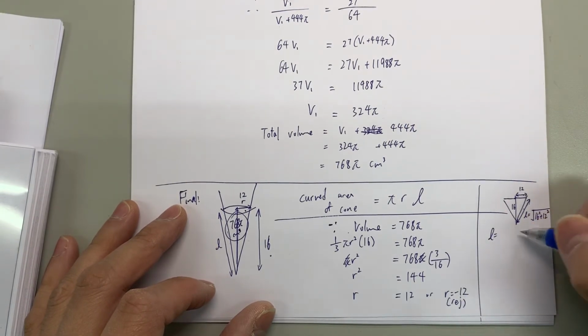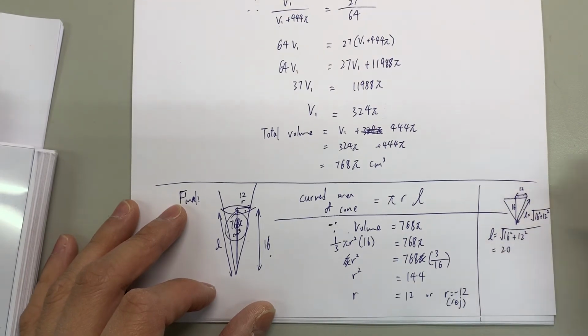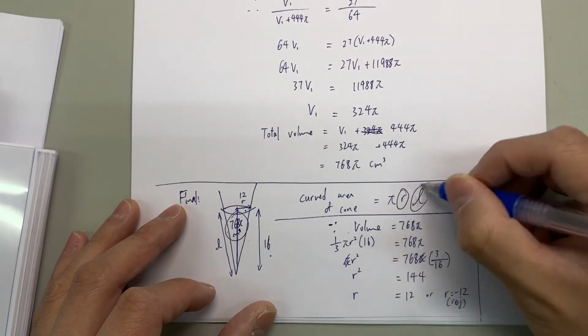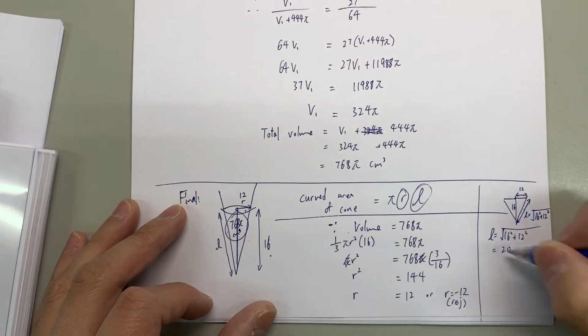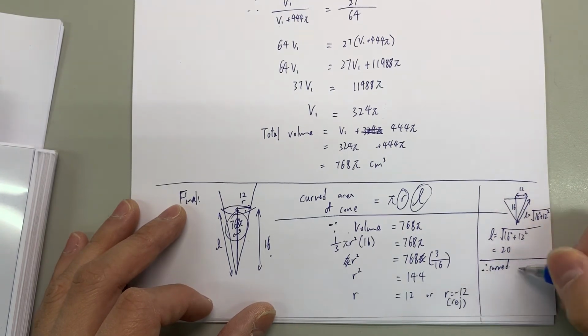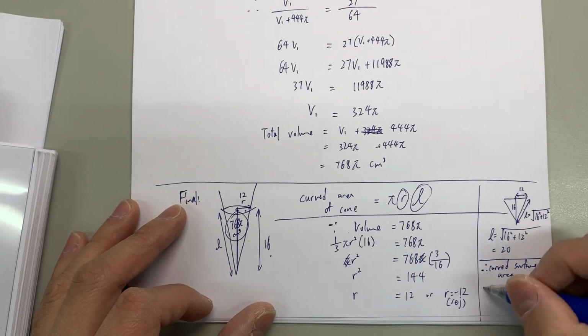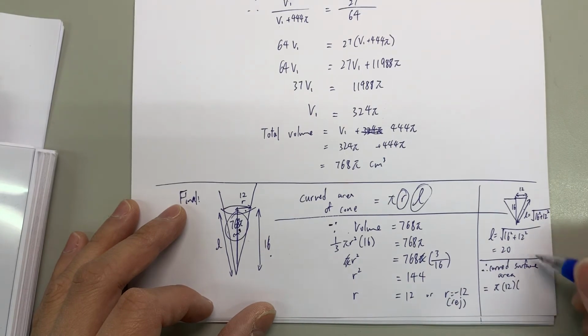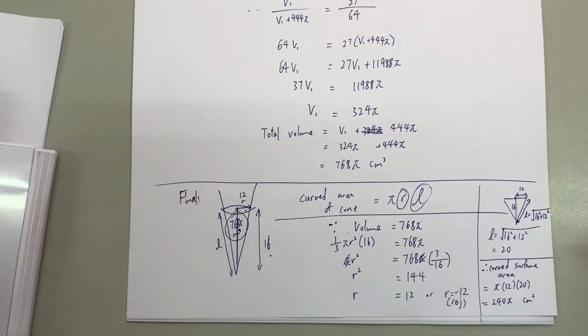So L is equal to 20. Then we have R, we have L, then we can get our final answer. So curved surface area is equal to pi times R, 12, times L, 20. So it's 240 pi cm square.